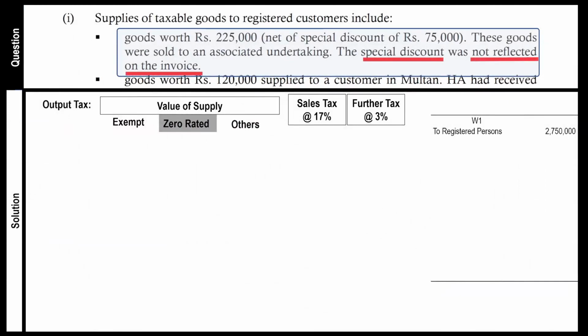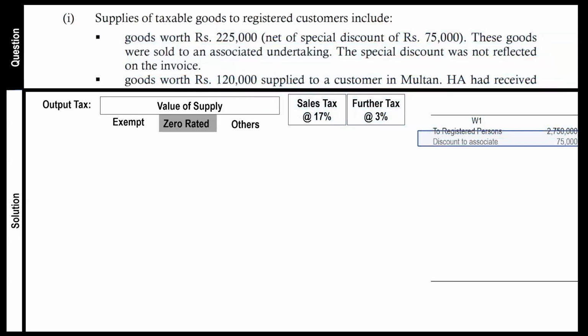It was a special discount, which means it was not in accordance with norms of business. Also, the discount was not mentioned on invoice. So, both requirements have been violated. Therefore, we cannot charge sales tax on discounted price. Instead, sales tax will be charged on full price. Add back amount of discount. Rs 75,000 will be added.